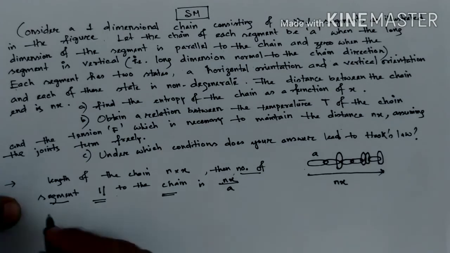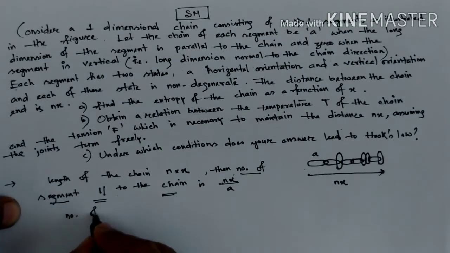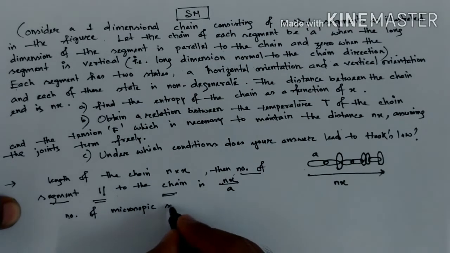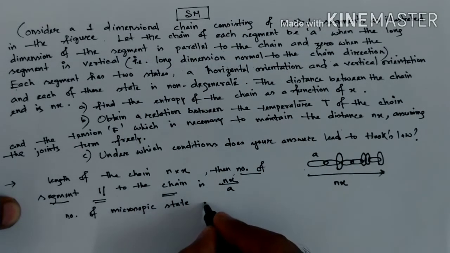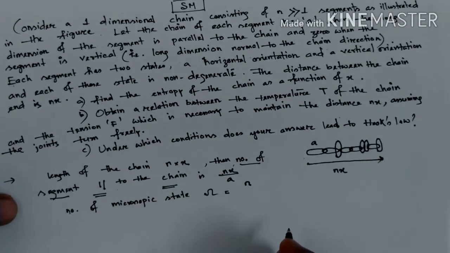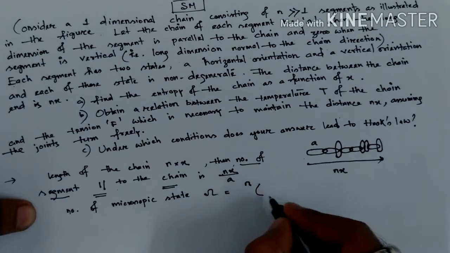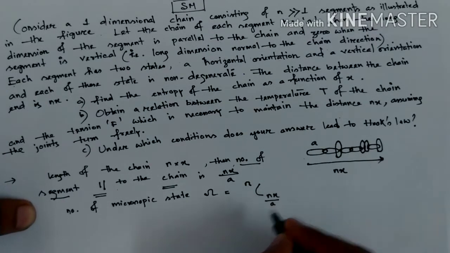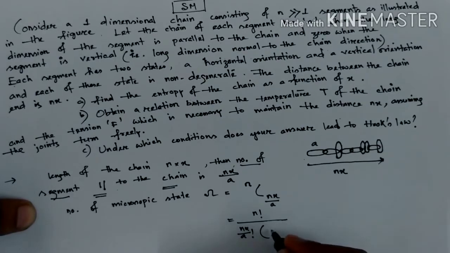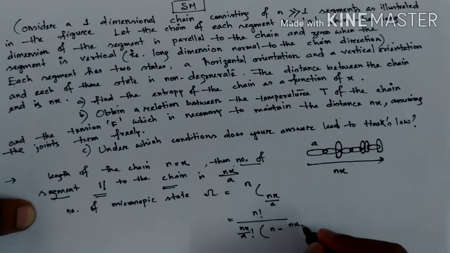Then the number of microscopic states, omega, is given by what? The total number is n, and out of that, the ones that are parallel number nx by a. So this can be written as n factorial divided by nx by a factorial multiplied by n minus nx by a factorial, the total number of segments minus the segments that are parallel.